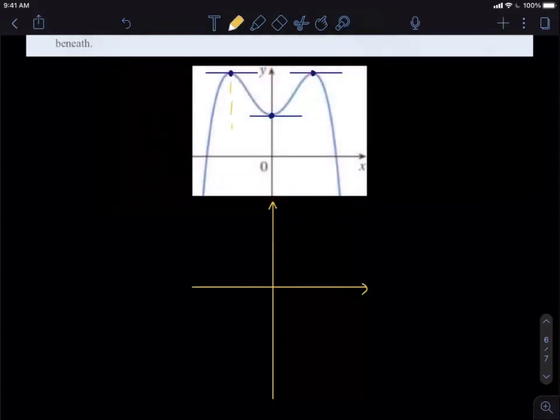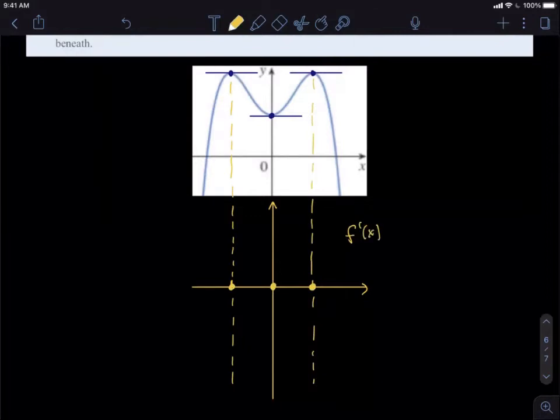So now these points are important, so we bring them to our new graph of the derivative. These are the points where f prime is 0. So that means the graph of f prime needs to cross the horizontal axis at these points precisely, no other points, only these ones.